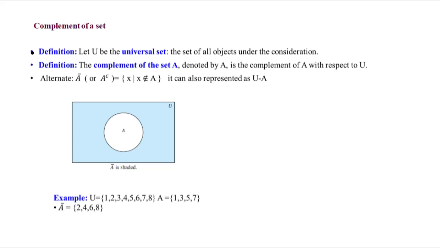Complement. Complement means 1 minus anything. Okay, so here the definition: let U be the universal set, the set of all objects under consideration. The complement of the set A, denoted by A bar, is the complement of A with respect to U. The complement is represented with the bar symbol on the top of the set notation, or with a suffix of small c.